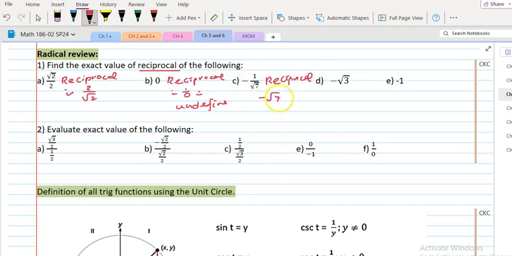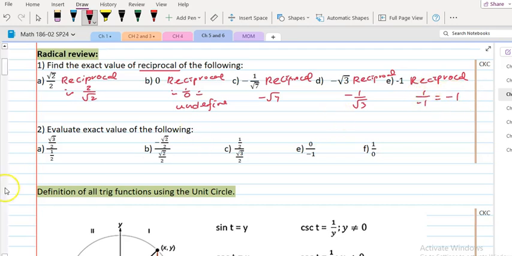It is negative root 7. You flip it over, 1 over that is just that. What is the reciprocal of negative root 3? This is the opposite of what we just did. It would be negative 1 over root 3. And what is the reciprocal of negative 1? If it is negative, it will keep negative. So negative 1 over negative 1 is actually negative 1.